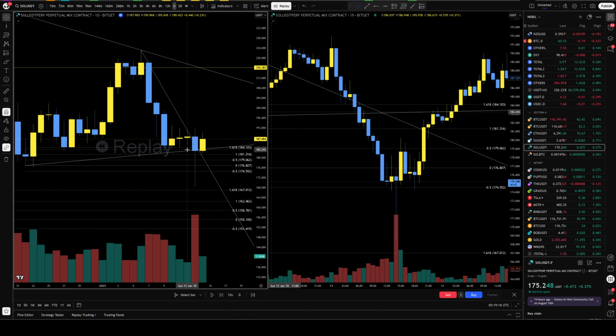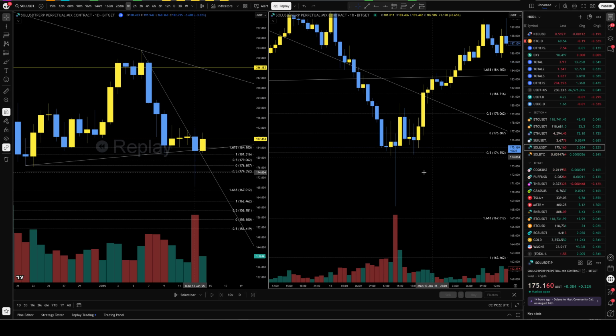But effectively, it was part of a liquidity sweep. So it went very, very deep, way down to 168. I imagine most people would have been well and truly stopped out on leverage by the time it had done that.